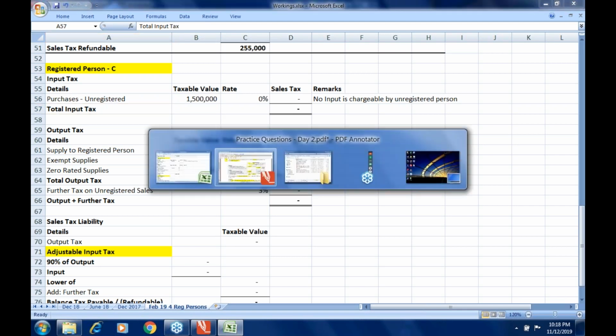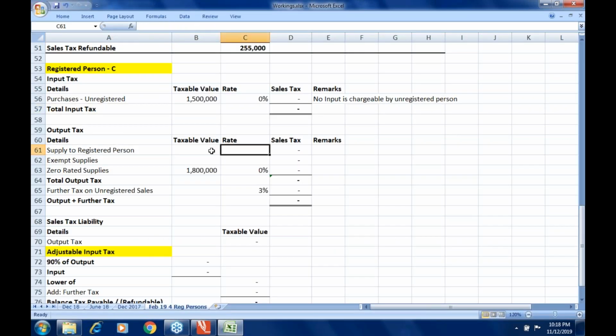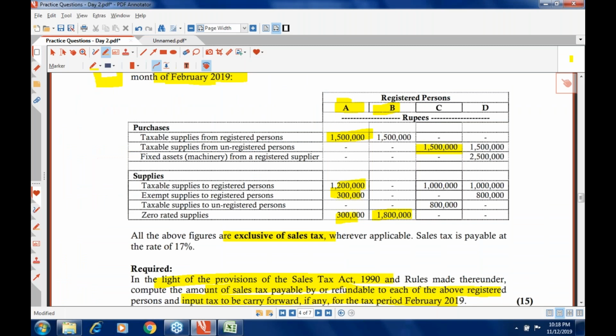Now what happens next is we have got supplies to registered person, and that is basically 1 million. So it's going to be 17%. And then we've got supplies which are made to unregistered person of 800,000.